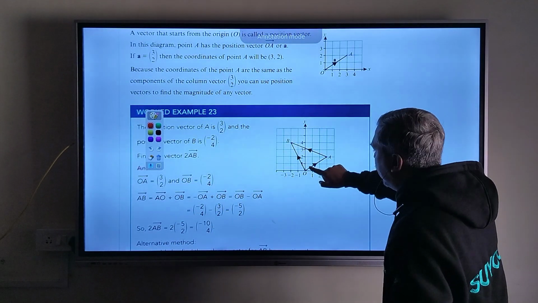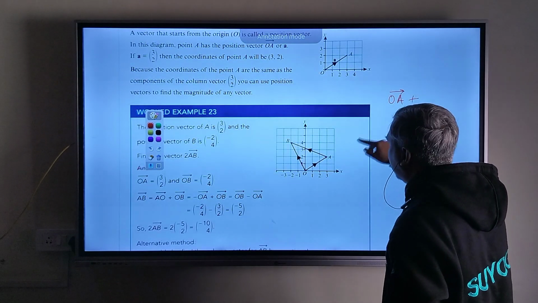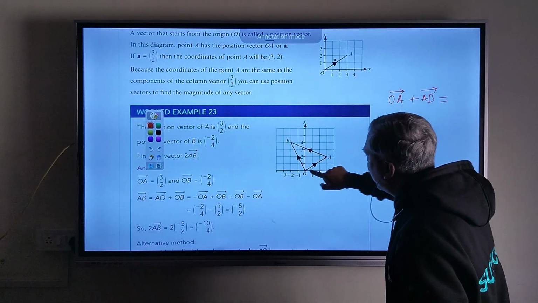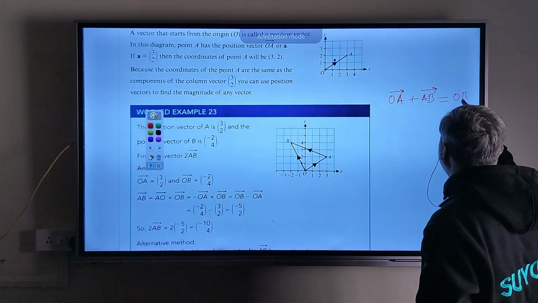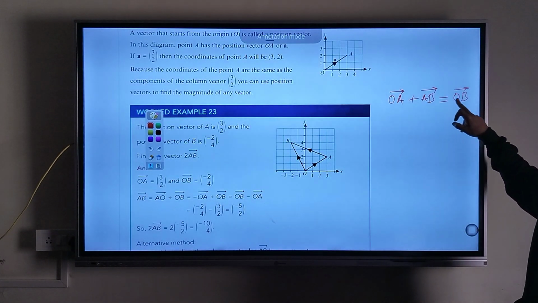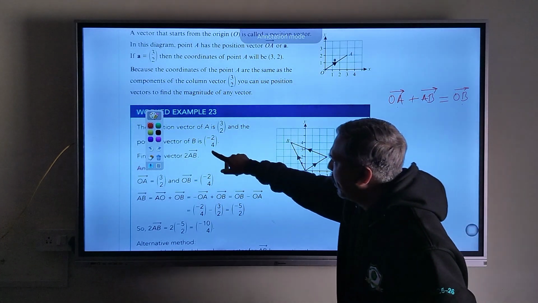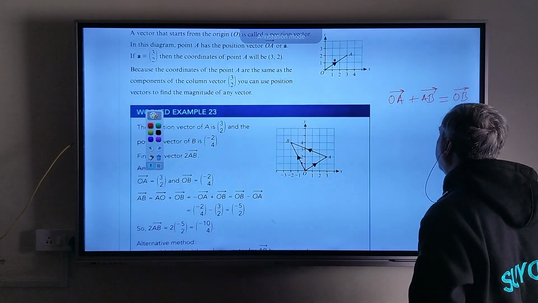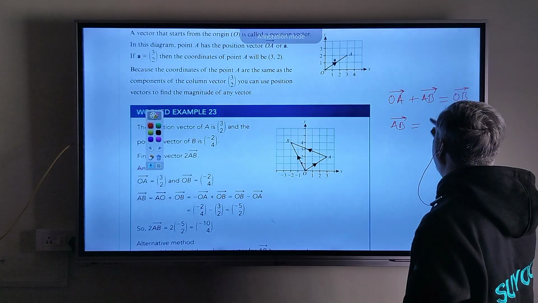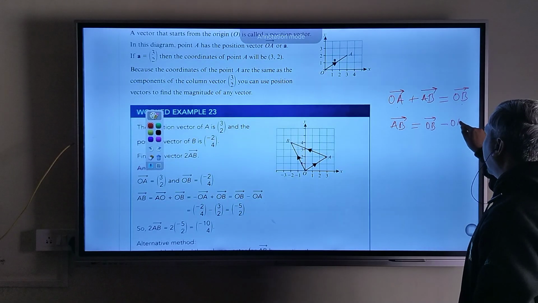So we already know that this vector OA bar plus AB bar is equal to OB bar. So the vector OA plus AB is equal to vector OB. We know OA bar and we know OB bar. That is already given, position vector of A and position vector of B. So AB bar would be equal to OB bar minus OA bar.